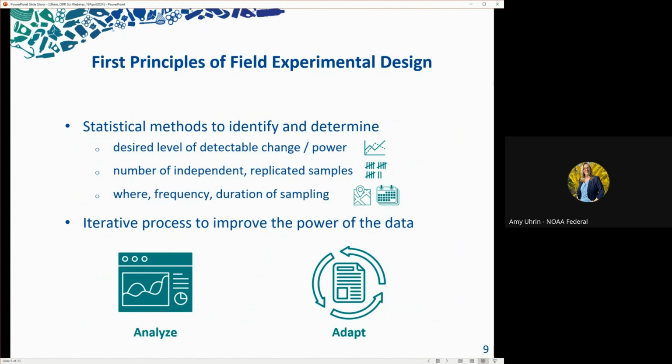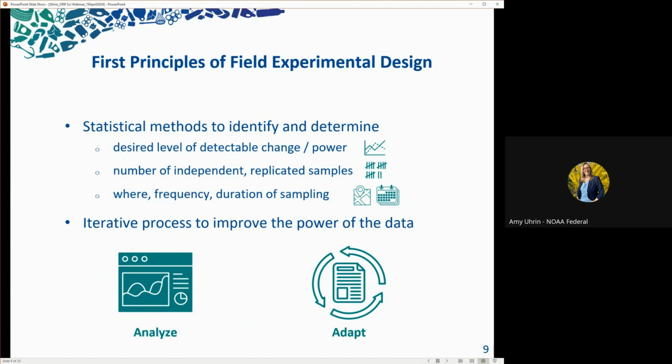And so having to do this really highlights the importance of cultivating collaborations, not just among other researchers and managers who are interested in the information, but also thinking about survey statisticians who can help you figure out what this design should look like for your monitoring program based on the question that you're asking. And we're going to dive into that a little bit deeper later.